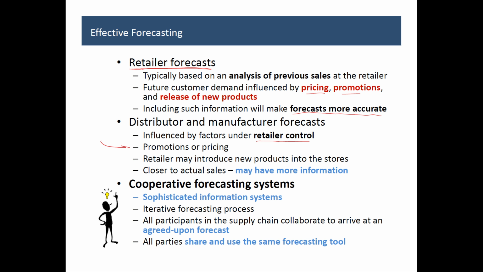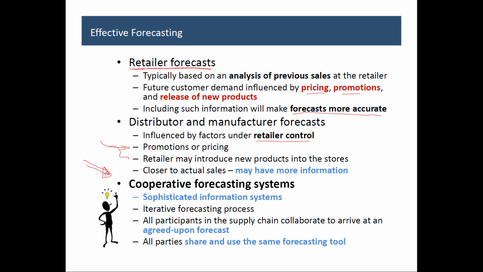Also being informed about the retailer's promotions and pricing events would be something that they could take into account, and also the mentioned new products of the retailer. So it would make things much easier for the distributor and manufacturer if they had more information about the intentions of the retailer. This would be very frequent, as we have seen.